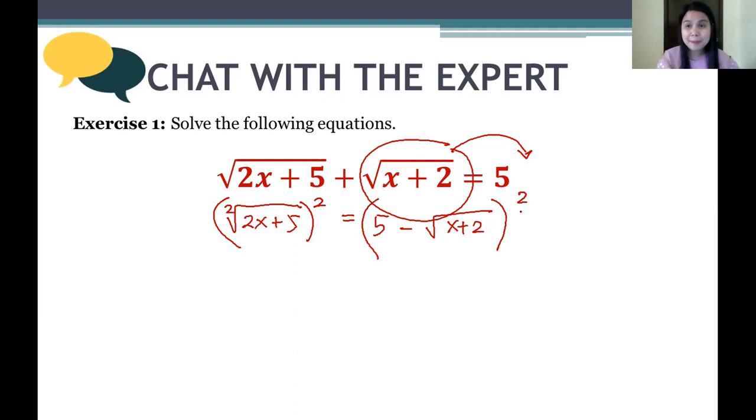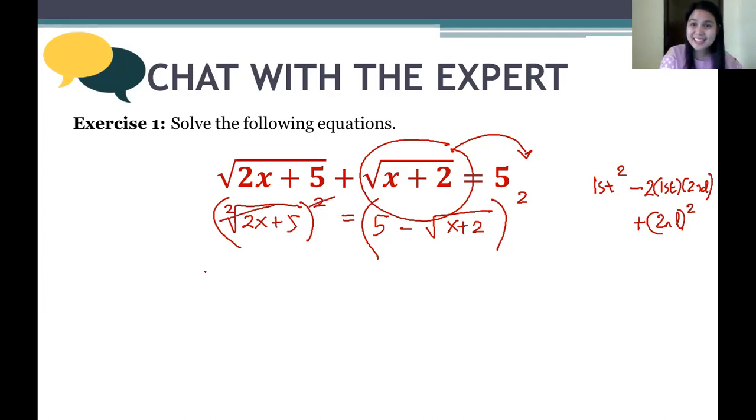And be sure to apply the special products on the other side. That's square of the first, then minus, since it's minus, twice the first and the last, plus square of the last. Let's go to the left-hand side first.